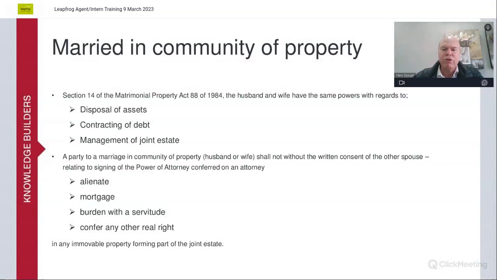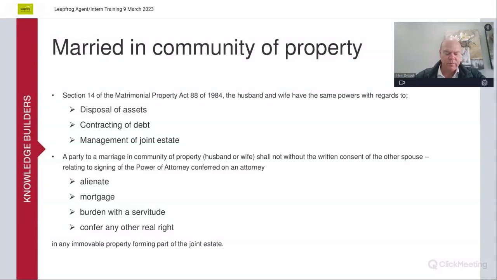So you can do certain things on your own with regards to the joint estate, and you've got exactly the same power. Husband and wife, you can both buy, sell assets, motor vehicles, take out contracts for cell phones, incur debt, take out loans, personal loans, etc. You've got exactly the same rights, and you can manage the joint estate and carry on regardless.